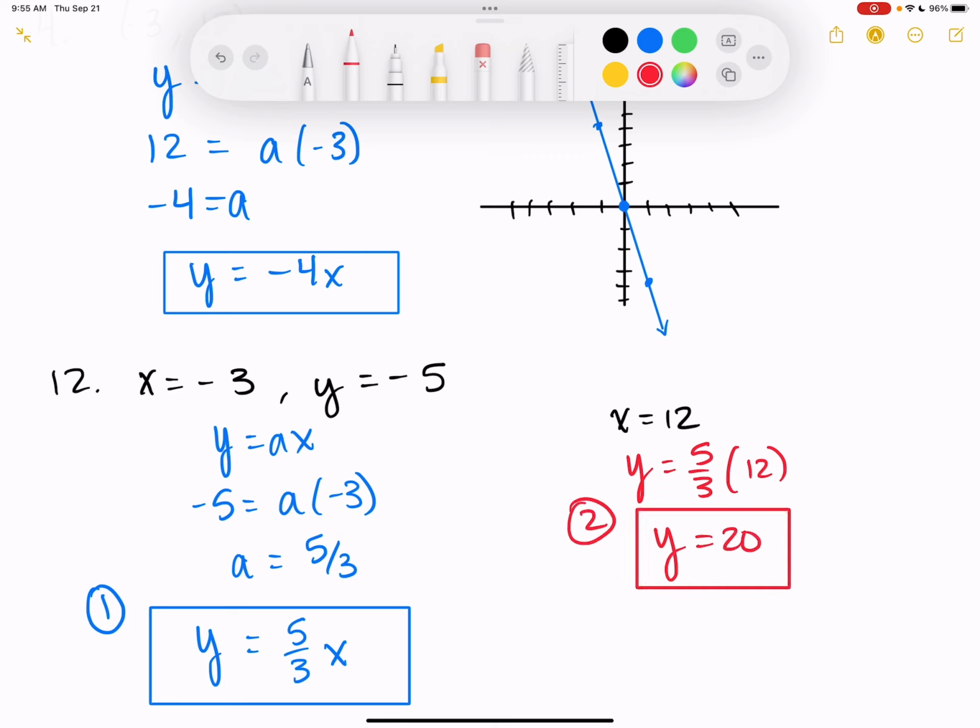Okay, so make sure you have both pieces or it won't be completely correct. And I say that because every year people don't do that. It's what was given to you in the problem. The instructions say, then find y when x is 12.